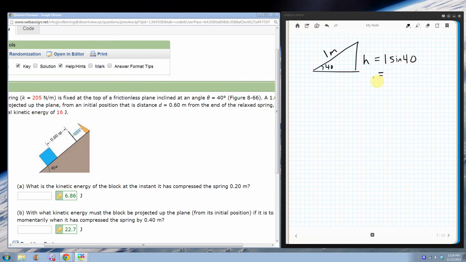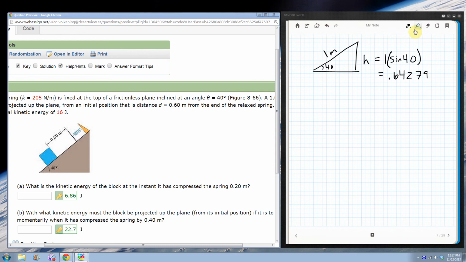So the sine of 40 is 0.643, 0.64. Actually, I'm going to go further, 279. That's how far I'm going to go. And you know what? This is actually pretty easy. I probably am just going to put this in my equation, and then when I type it in my calculator, get my final answer, the calculator won't have rounding errors.